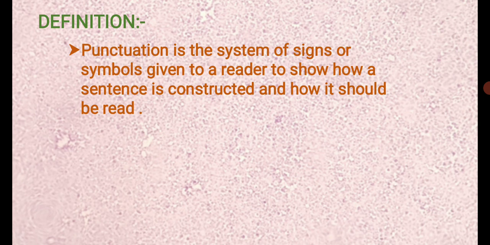By using that sign or symbol, the reader and the writer both show how the sentence is constructed, where we need a slight pause, where we have to stop after the sentence.